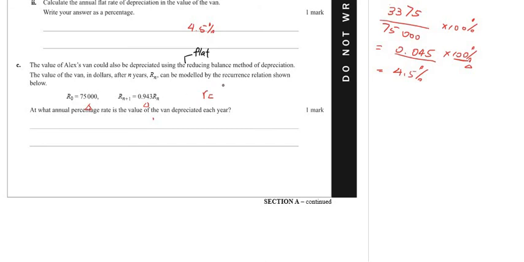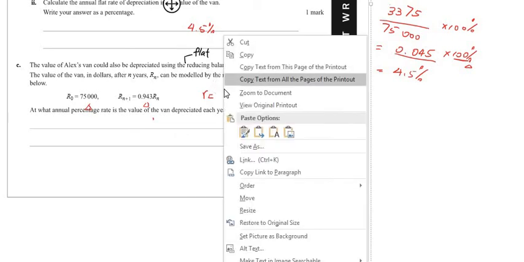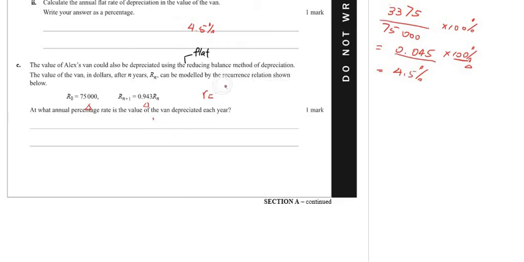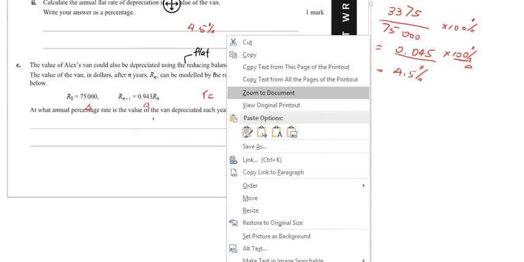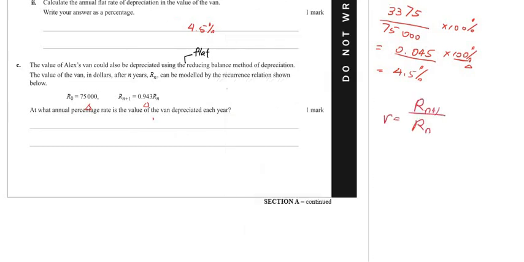So here I have my ratio: R(n+1) is the value of the LX1 in the later year, and Rn is the value in the previous year.